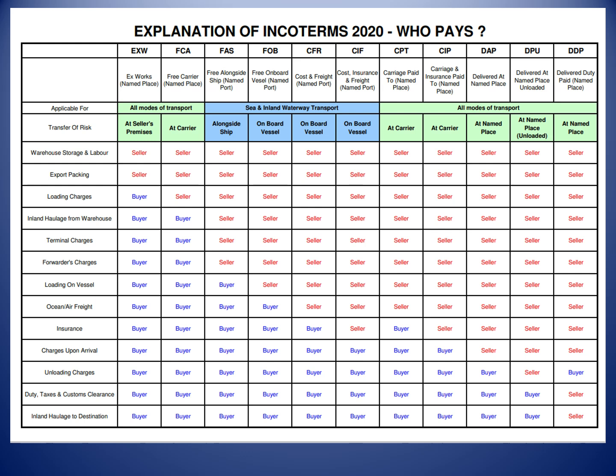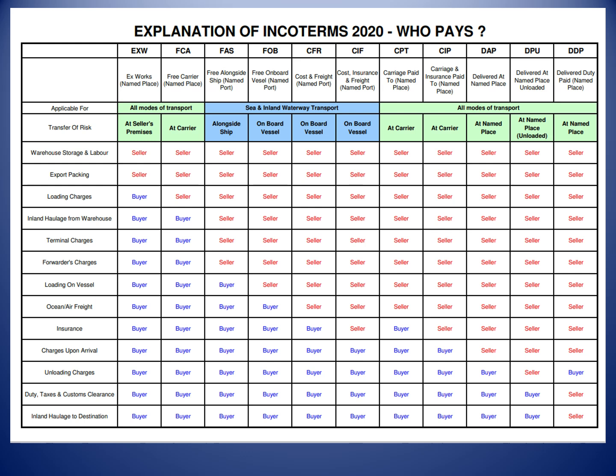They're just the abbreviations of the full name of the Incoterms on the line below. So for example, EXW means Ex Works. Then if you move to the right, DDP, Delivered Duty Paid.